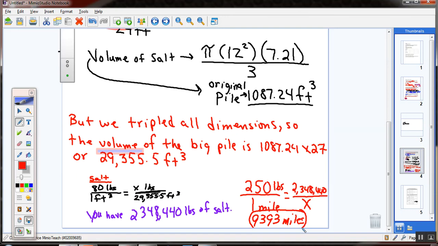Then we had to take this idea that the salt's density was 80 pounds per cubic foot to figure out how many pounds of salt we had. And then we had to use the idea that it took 250 pounds of salt to cover 1 mile, and use that idea to figure out how far we could safely salt. 9,393 miles.